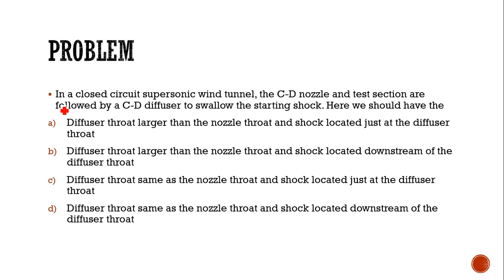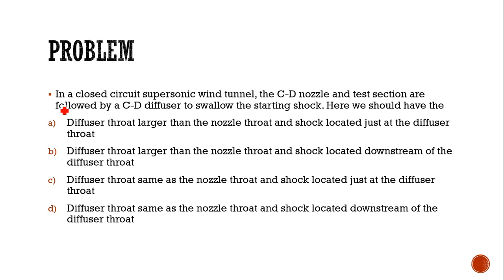Okay. We have finished this, so now we can solve this. In a closed circuit supersonic wind tunnel, the CD nozzle and test section are followed by a CD diffuser to swallow the starting shock.